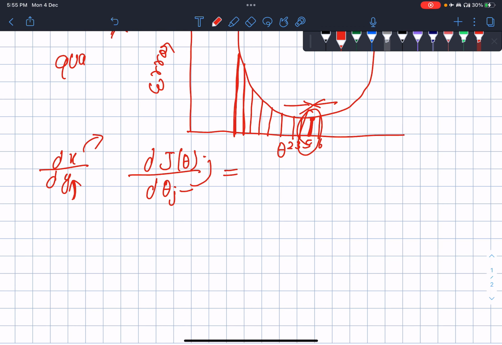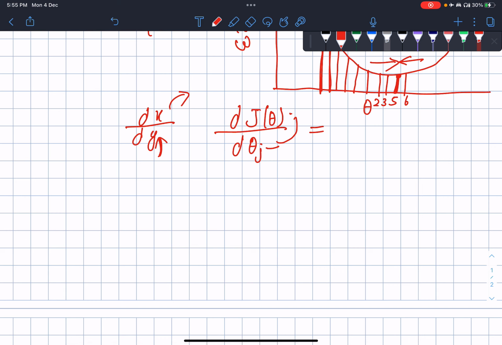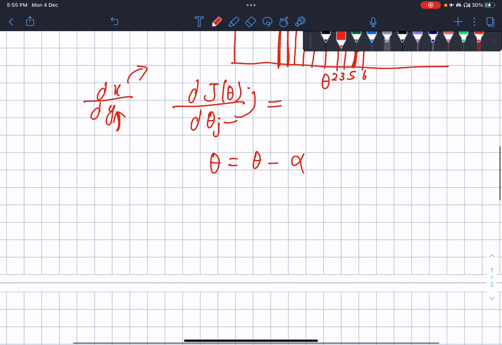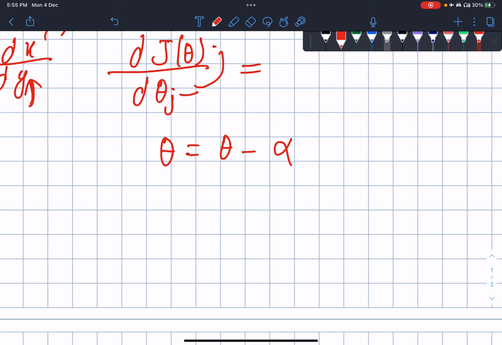This is theta. Now the update of theta is not beta, it's theta. Theta j equals theta j minus alpha, where alpha is the learning rate, which we'll talk about in later lectures, times the derivative of J of theta with respect to theta j.